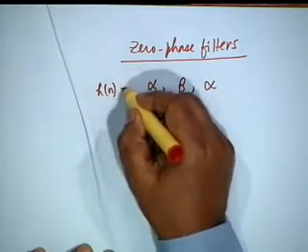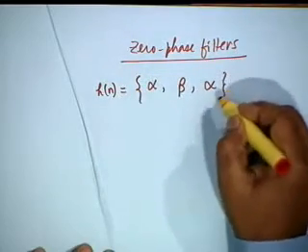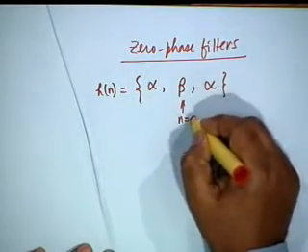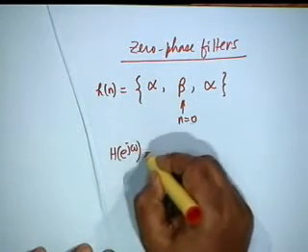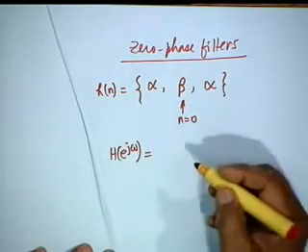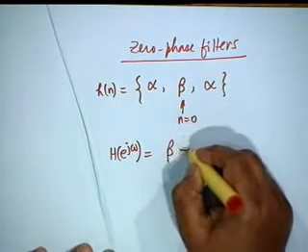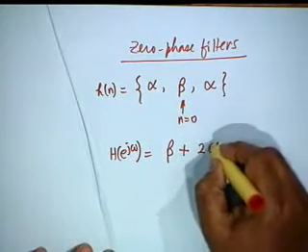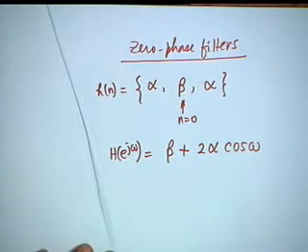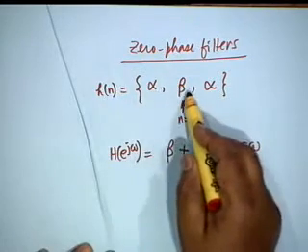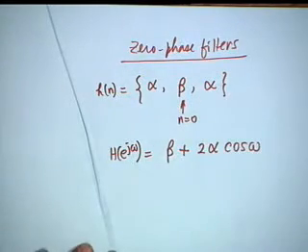H of n is equal to alpha beta alpha, where this is n equal to 0. And if you recall, the frequency response is very easy to derive. Frequency response will be beta plus 2 alpha cosine of omega, all right. Alpha e to the j omega plus beta plus alpha e to the minus j omega.